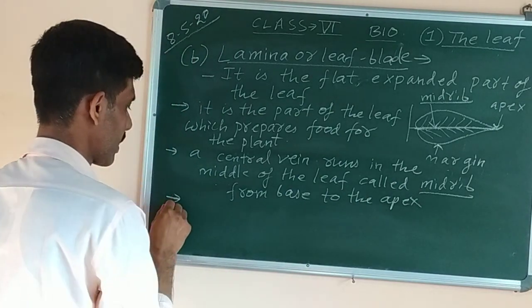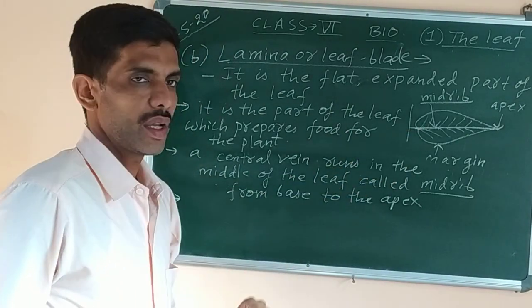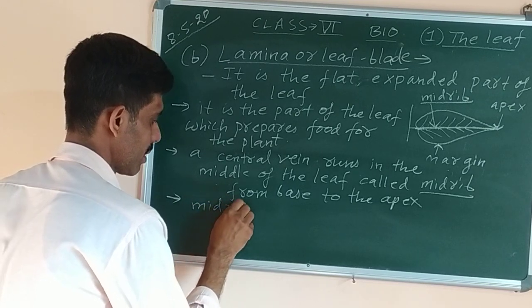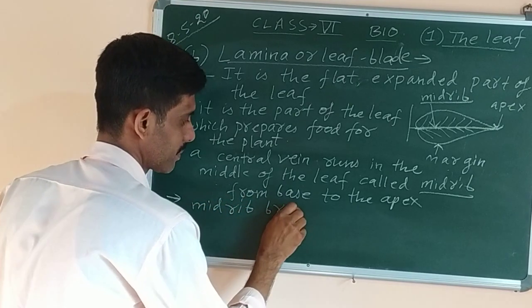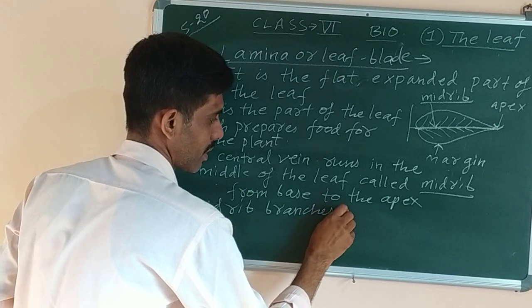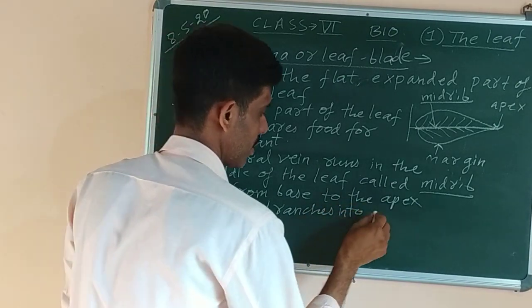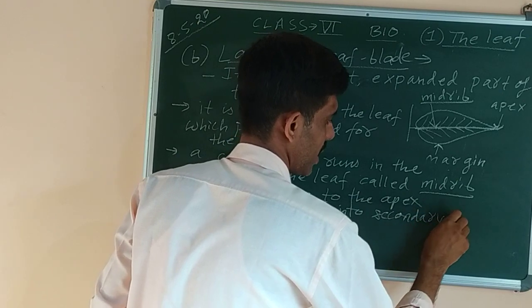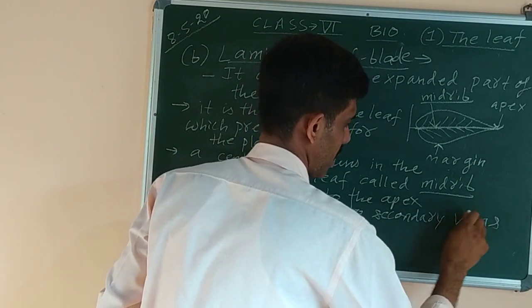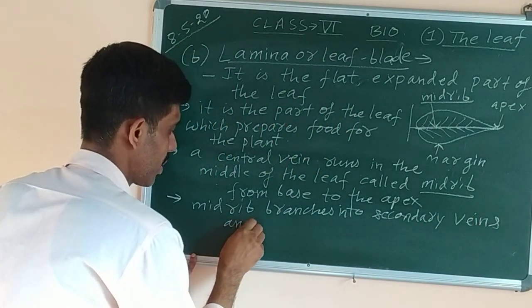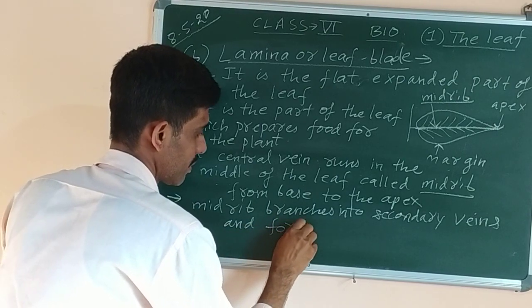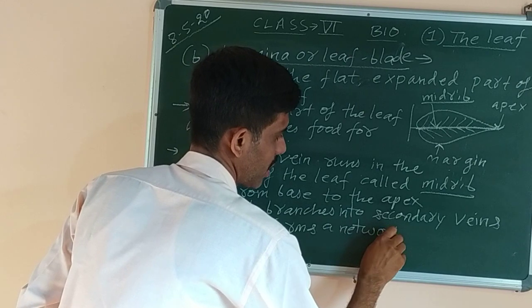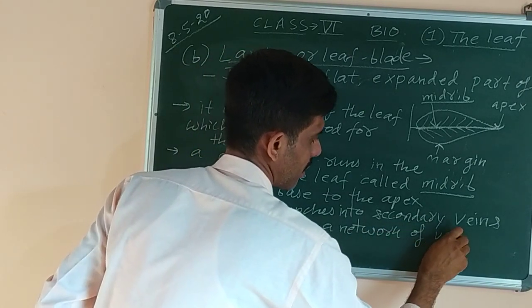Okay, now the midrib branches into secondary veins and forms a network of veins.